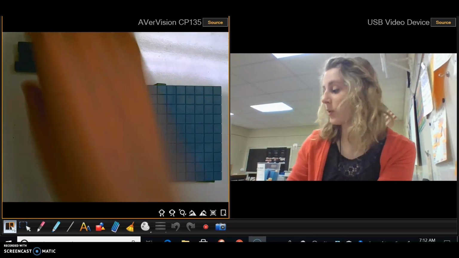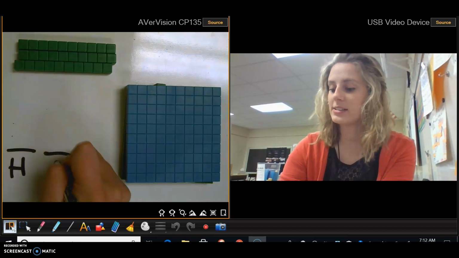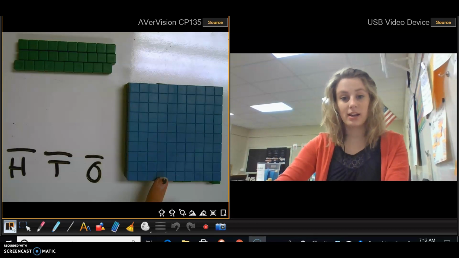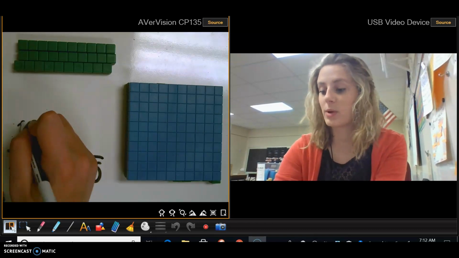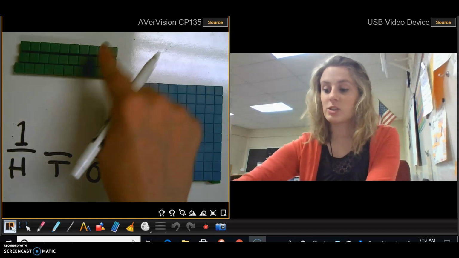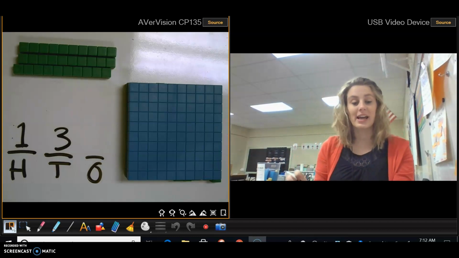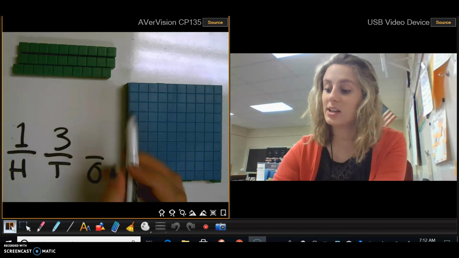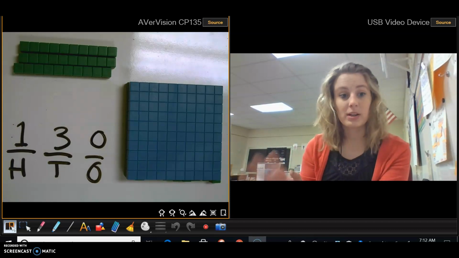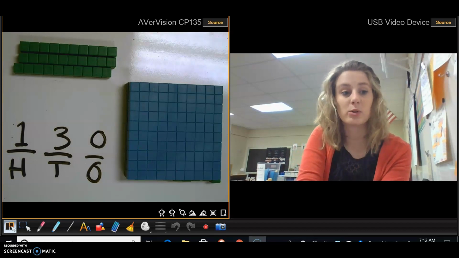So if we're writing our number down in our hundreds, tens, and ones places, I know that I have 100, right? Because I have one 100 block, and I have 3 tens, 10, 20, 30. So a 3 is going to go in my tens place. And then I still have 0 ones. So our number went from 10 sticks to 130 because we were able to group.